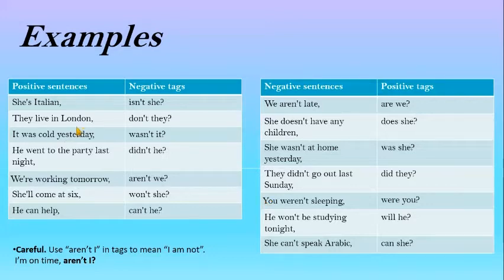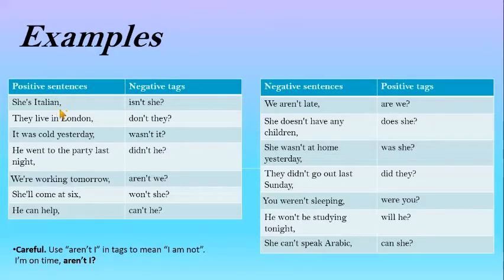So here I'm going to say that when we say a positive statement, we use negative tags, and when we say negative statements, we say positive tags. And here it is important to mention to the students that we can use this kind of activity with all kinds of tenses.